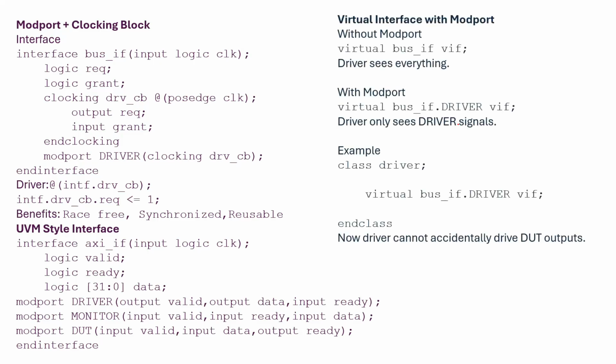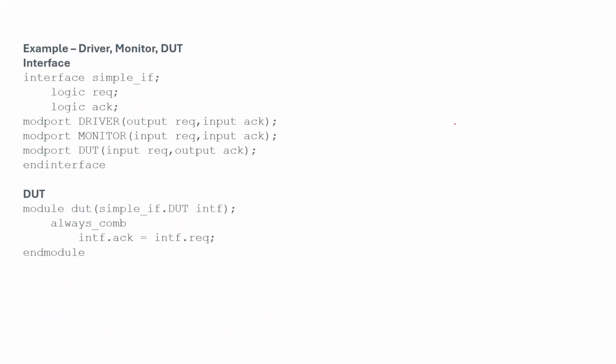And the virtual interface we are also representing. I will tell you the reason we go for the virtual interface. Same thing: driver, monitor, and then DUT. See, the same signals I am representing here. Driver output is the request, input is the clock.